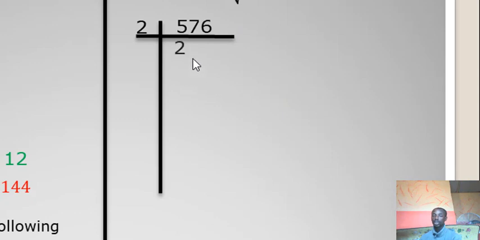So simplifying root 576, you pick 5, just gradually. You pick 5 divided by 2, that is 2. We are left with 1. So you can see the red one bouncing. The red one added to 7, that is 17. Pick 17 divided by 2, that is 8. We're still left with 1.